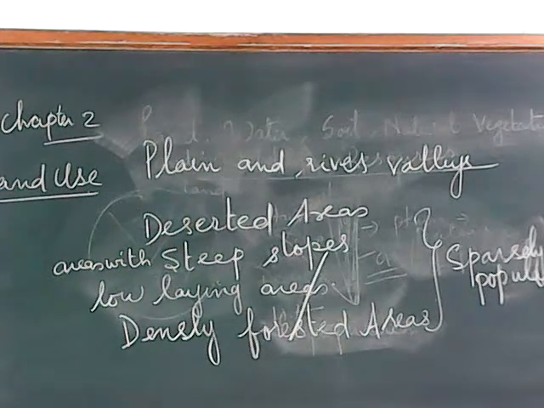ठीक है. So land can also be classified on the basis of ownership, like private land and community land. So private land, as the name suggests, is owned by an individual. जिसमें सिर्फ तुम्हारा हक है. तुमने किसी जमीन को खरीदा है and you can only use that land for agriculture or making houses or any other purpose. That is called private land.